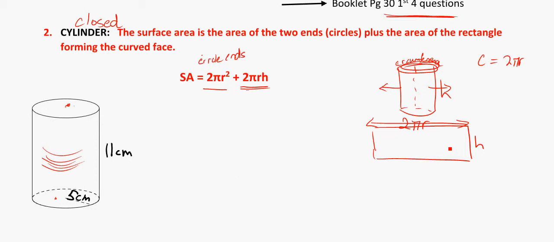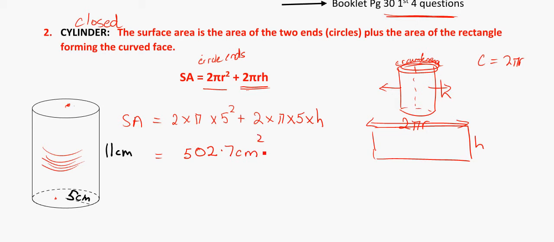Okay, so let's go ahead and find it. And so we just plug in our numbers. We've got 2 times pi times the radius is 5 times 5 squared plus 2 times pi times 5 times h. Surface area equals, you can put it all in your calculator at once, and you should get 502.7 centimetres squared, because you're finding the area.